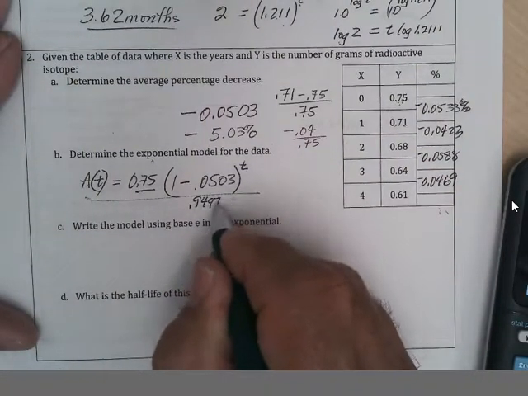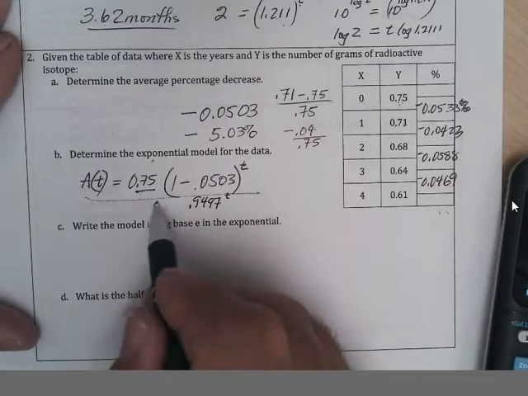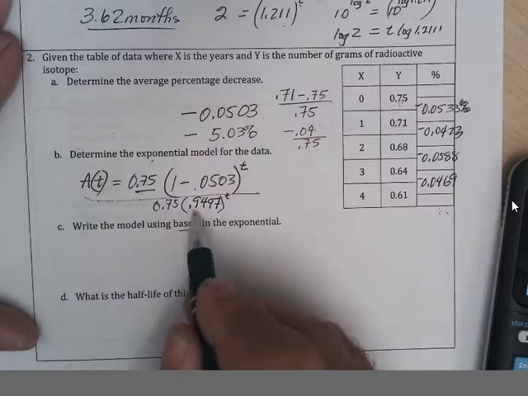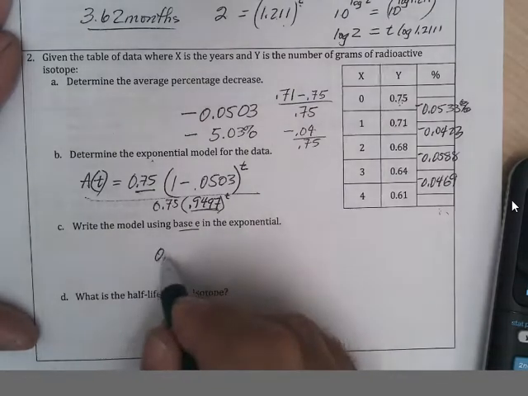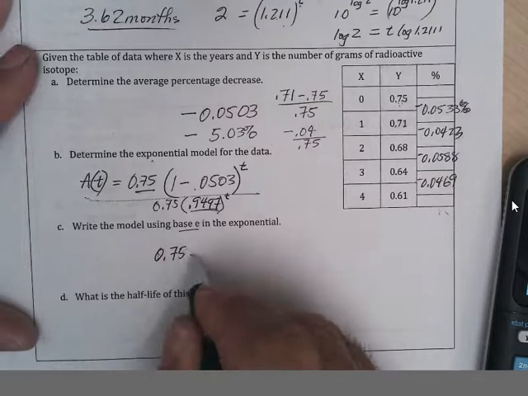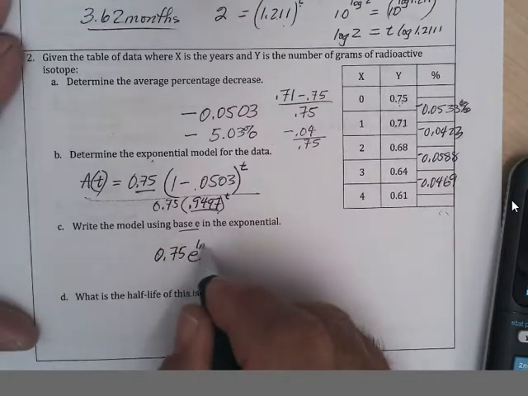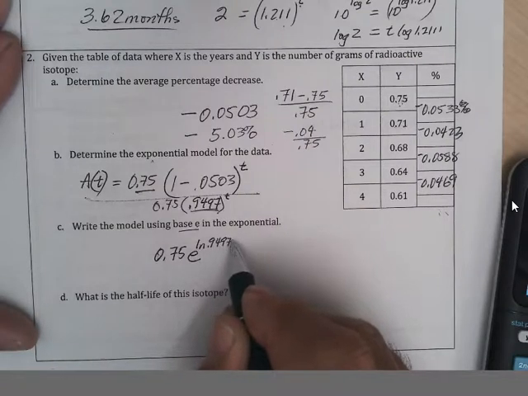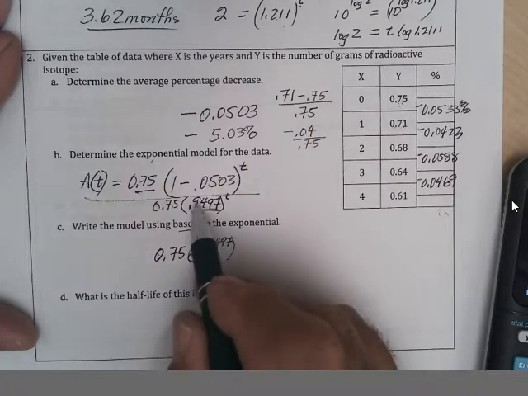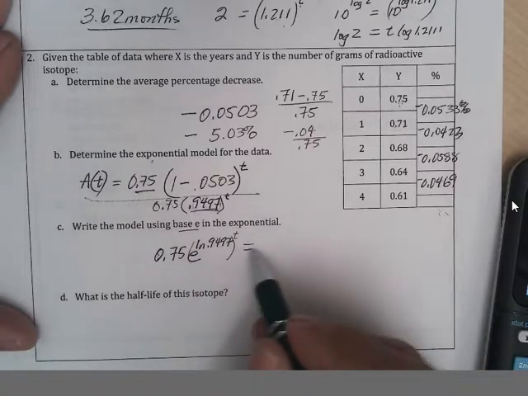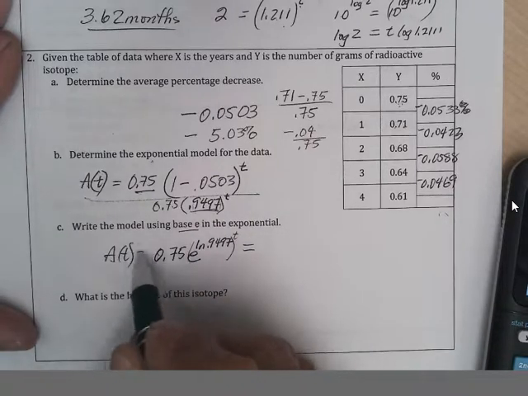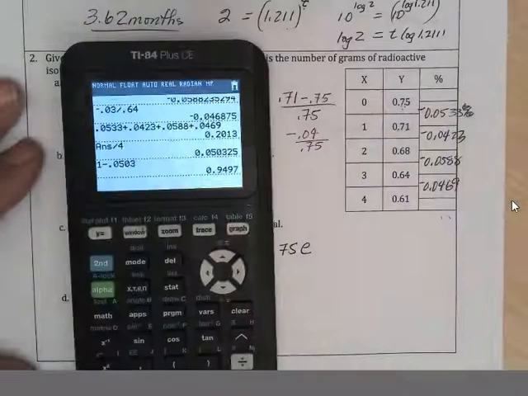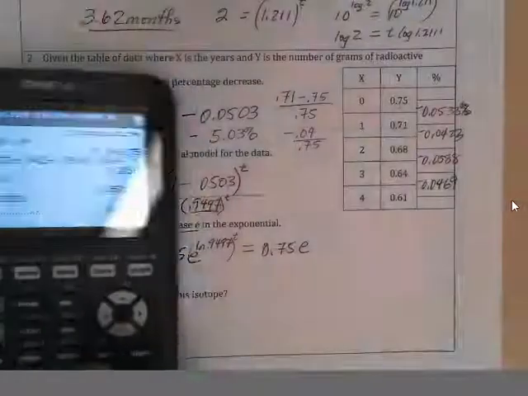I could have written that to the t times 0.75, and if I'm going to write it with a base e, I just need to change that to base e, so it's 0.75 e to the natural log of 0.9497, that would be this number, to the t, which turns out to be 0.75 e to the ln of 0.9497.